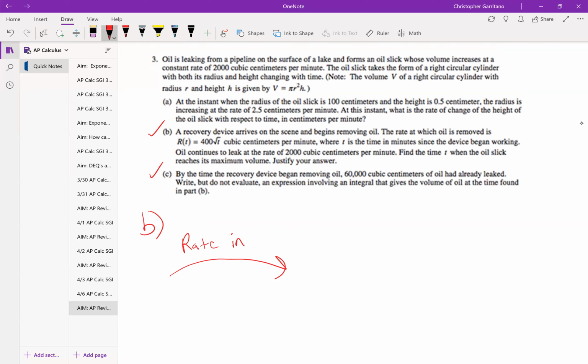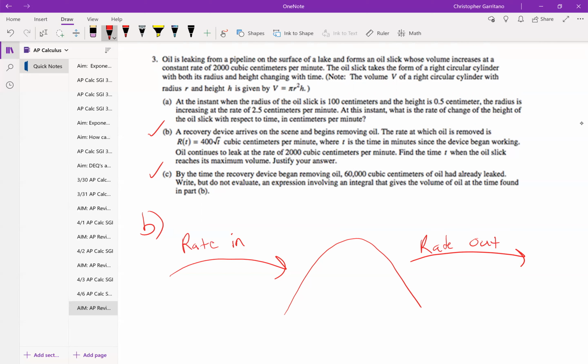There's going to be some rate in, and that rate in is affecting the size of this pile. Let's think of this as a pile of oil. I know that the oil is, in this case, in the shape of a cylinder, but for any rate in, rate out problem, I think of it as some rate in that's feeding the size of the pile, but at the same time, there's a rate out that is affecting the size of the pile as well. In this case, we'll think of it as a pile of oil.